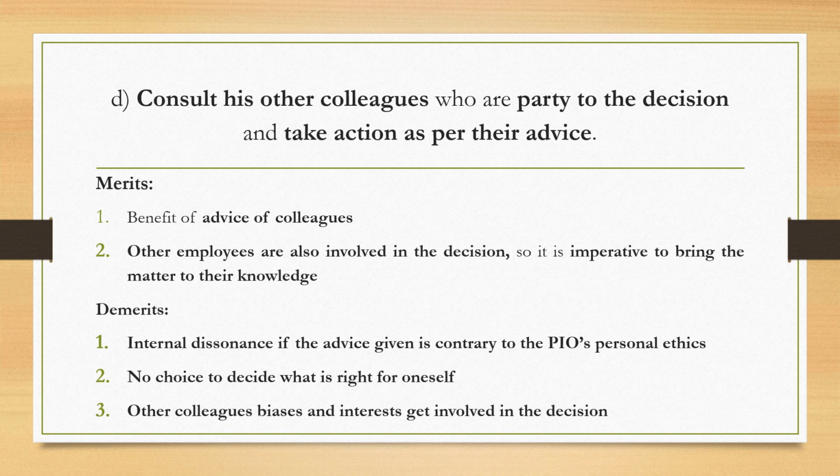Again, you are giving up the decision making power. So there is no choice to decide what you feel is ethical. And other colleagues' biases and interests get involved in the decision. So they also have an instinct of self-preservation. They have their own biases, they have their own interests, and those things also get involved in this particular decision.